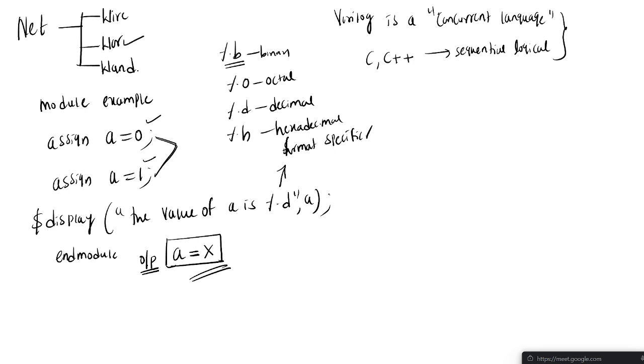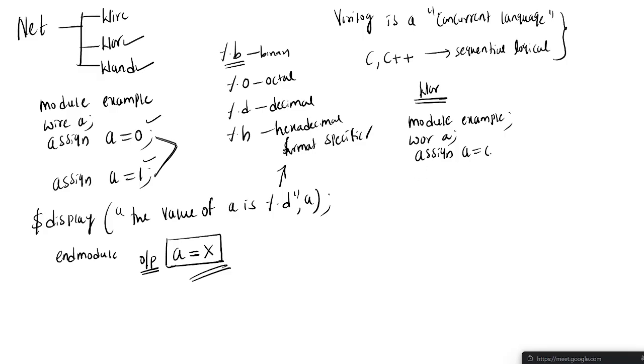Okay, so in order to overcome this, we use which data types? You need to declare with WOR and WAND. Suppose we are using WOR. Same program I am writing. Module example. Here I need to declare the data type: WOR a.